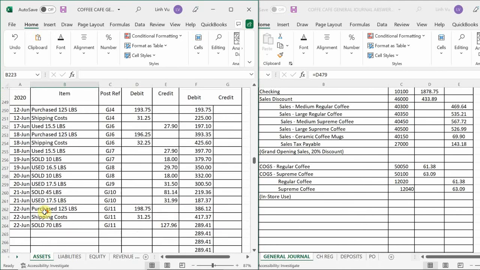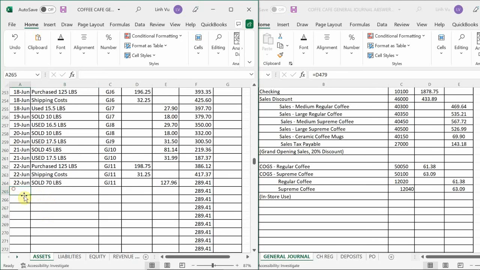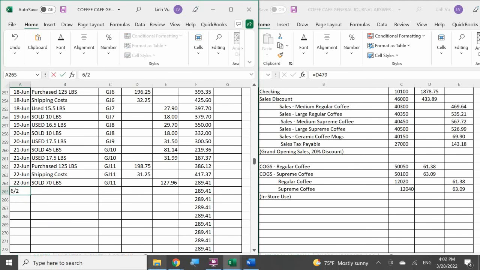Last but not least, your Supreme coffee. Use 34.5 pounds for 63.09.